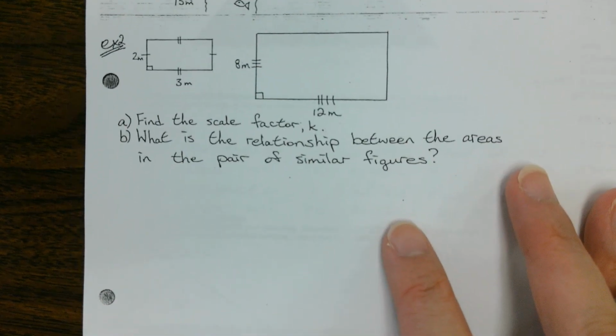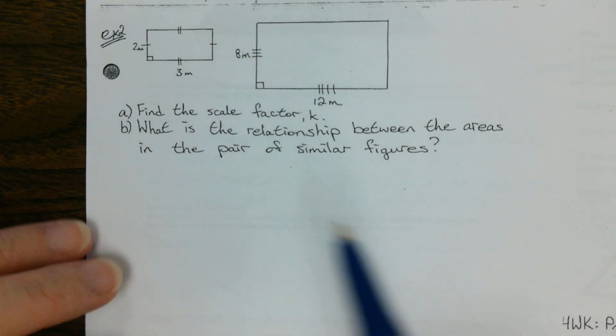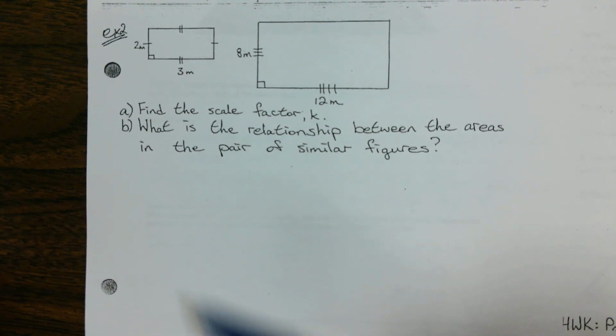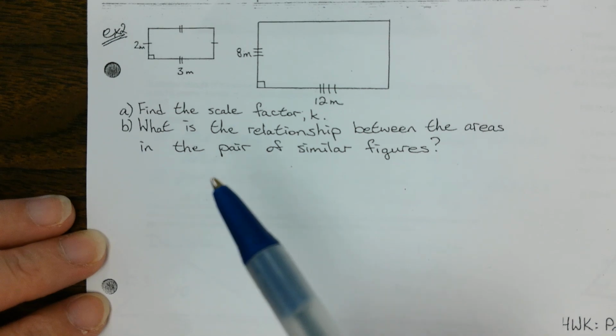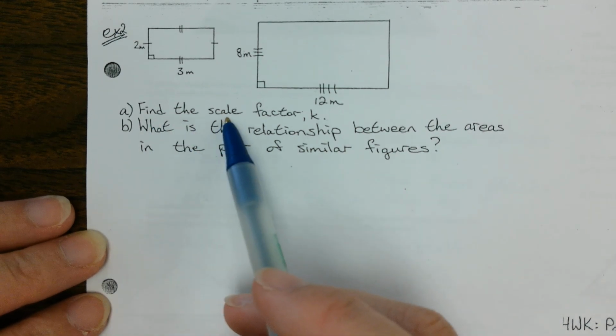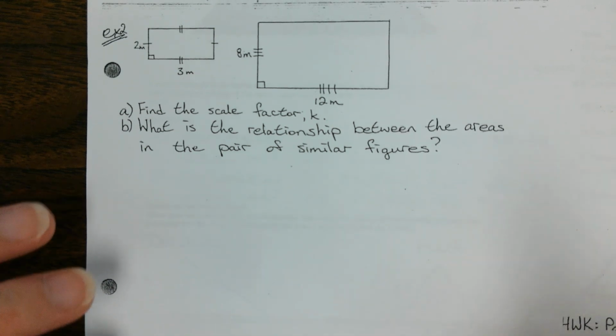Okay, and example 2. Using the same logic, yes, this is not a triangle, but we can apply it to other similar shapes. For example, this rectangle right here. Find the scale factor k. Scale factor means how many times bigger or how many times smaller it is.